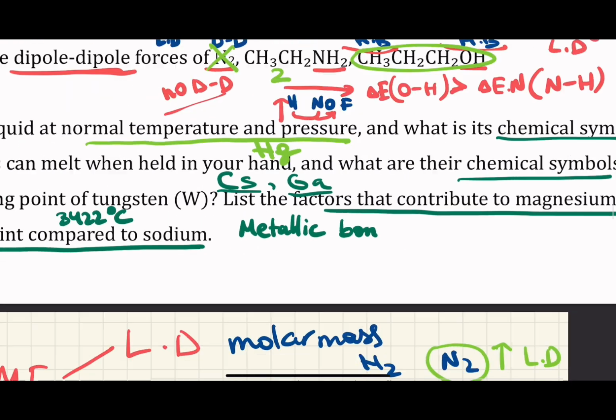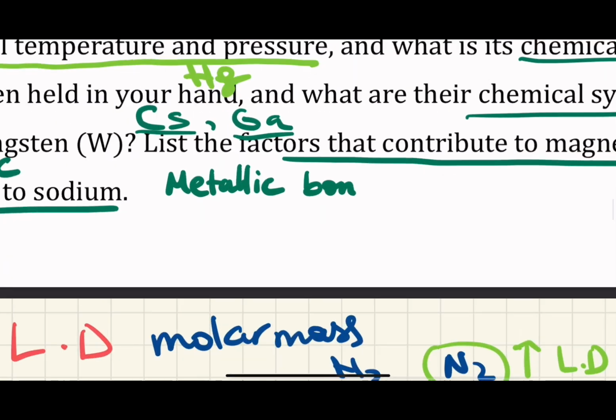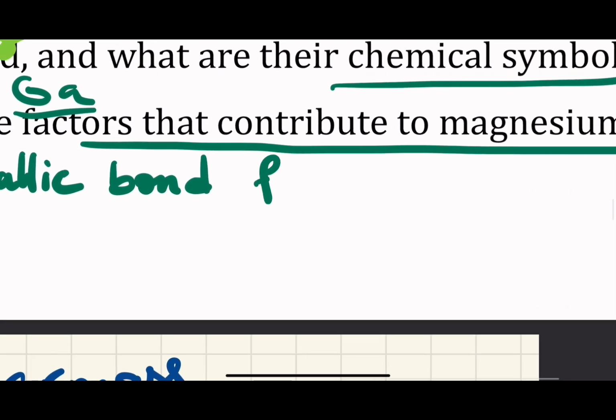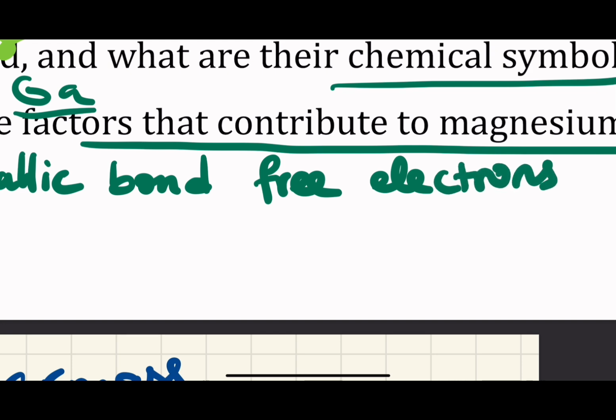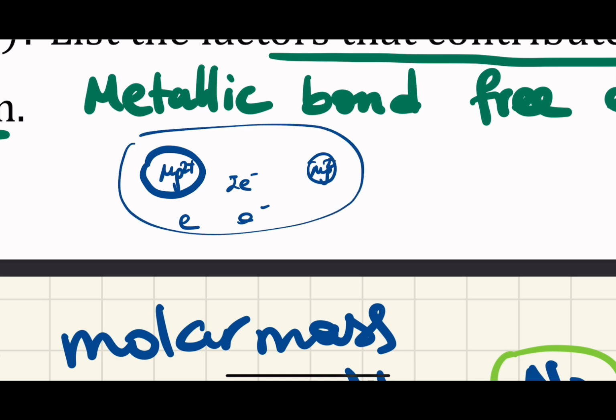Now about listing the factors that contribute to magnesium's higher melting point compared to sodium. Metallic bonding happens due to the free electrons of metals. For example, if I had a metal, let's say magnesium, there would be two electrons floating around, and many magnesium ions in here. So this would be my metal.